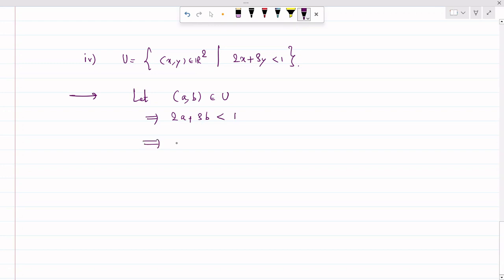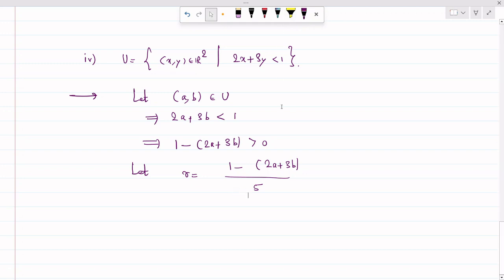So this implies 1 minus (2a plus 3b) is greater than 0, right? So what can we do? Let r equal to (1 minus (2a plus 3b)) upon 5. Now this 5 is just an adjustment that will be more clear at the end of the solution.